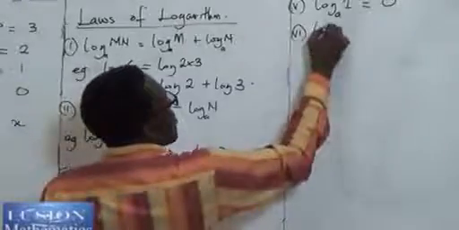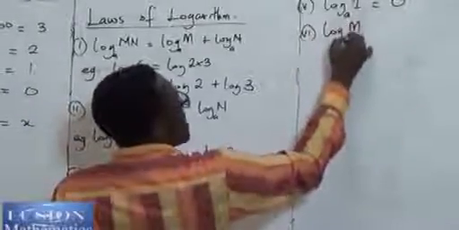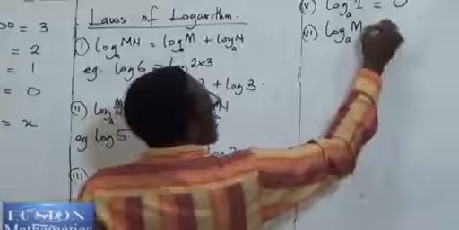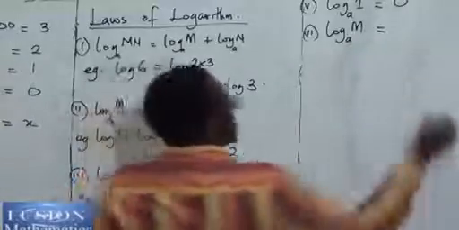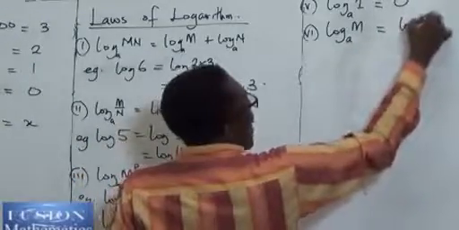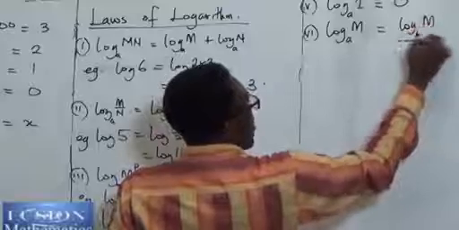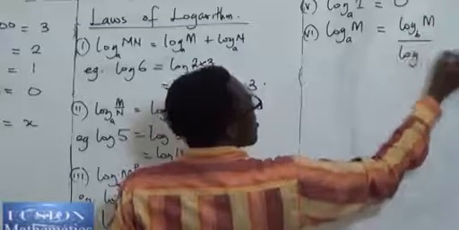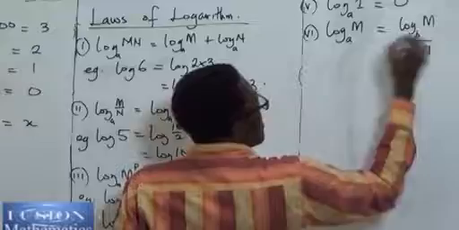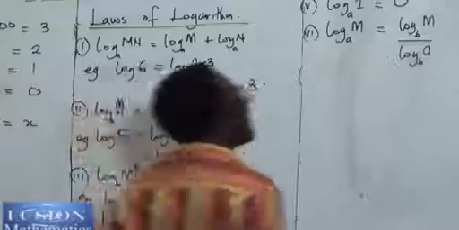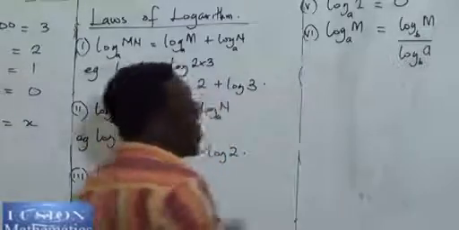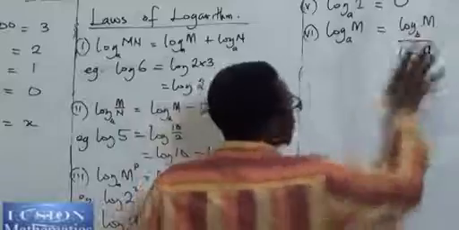Let's look at a sixth law. If we have log m base a, it's the same thing as log m base b all over log a base b. That is, a different or another base has been introduced.